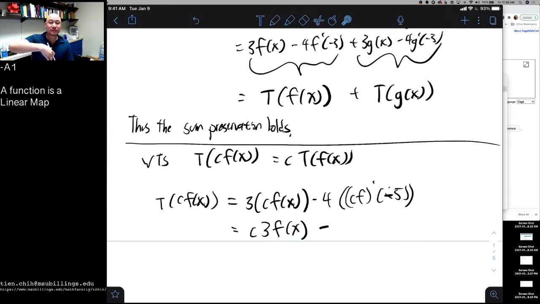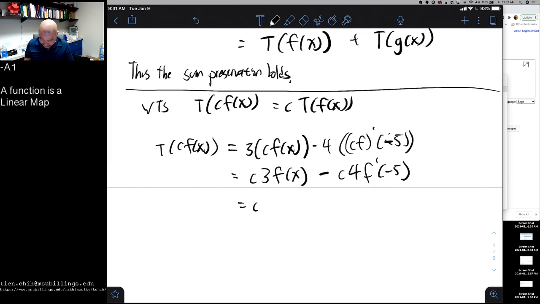Like, the derivative of 2x is 2 times the derivative of x, right? So I can just pull out my c, and what I'm left with is f prime evaluated at negative 5 times 4, and then times my c. This whole thing is just c times 3 f of x minus 4 f prime of negative 5.